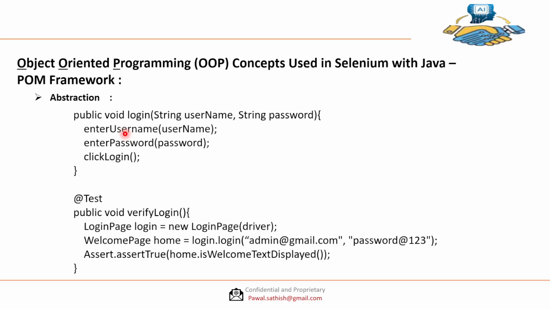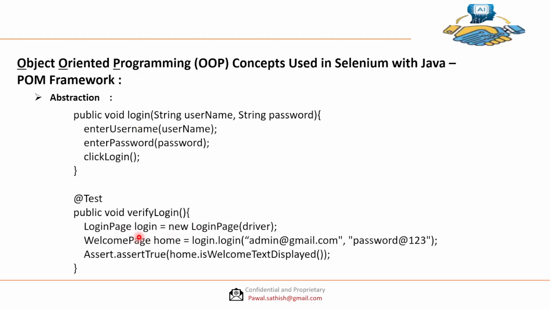Then the test script becomes readable and keeps the business logic separated from the UI interaction. Now here you can see I gave one example. This is a public login method with string username and string password. Here it calls enter username, enter password, and click login. And this is our test method, verify login. Here we are creating an object of login and calling a method, and login internally calls these methods.